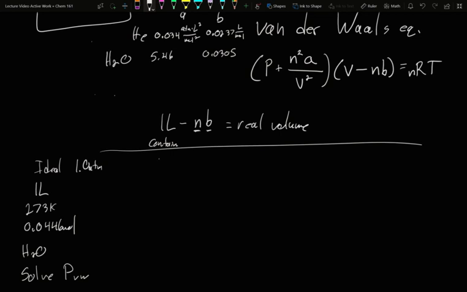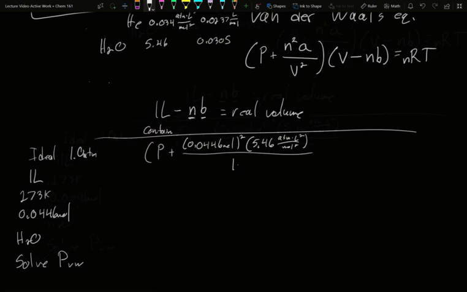So we go and we say, well, my pressure is going to be, I'm going to have some moles, 0.0446 mole squared. The A value for water, 5.46 atmospheres liters squared mole squared, divided by the volume of the container, 1 liter squared.